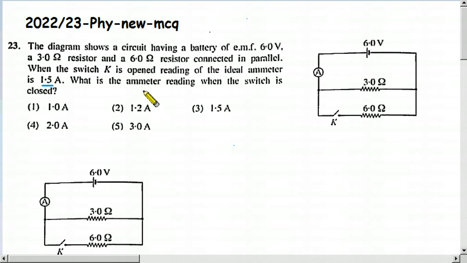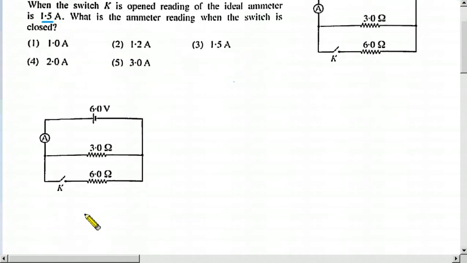First they say that when the switch K is opened, the current is 1.5 ampere.